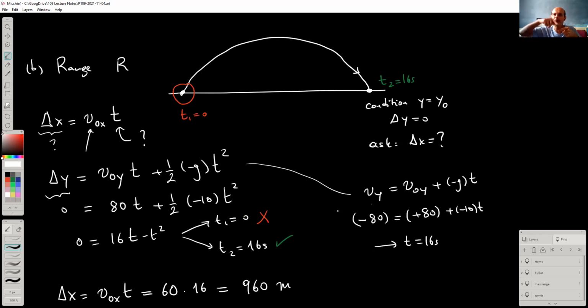When the object is passing the same level, same y coordinate, it has the same magnitude of velocity, but it changes its direction. So initial velocity is plus 80, and the final velocity will be minus 80. I'm just going to draw some of these in a moment. This is the correct way of doing this.